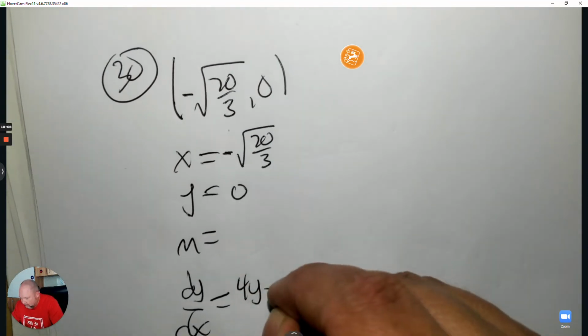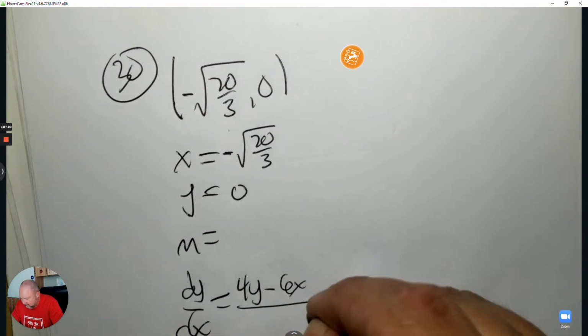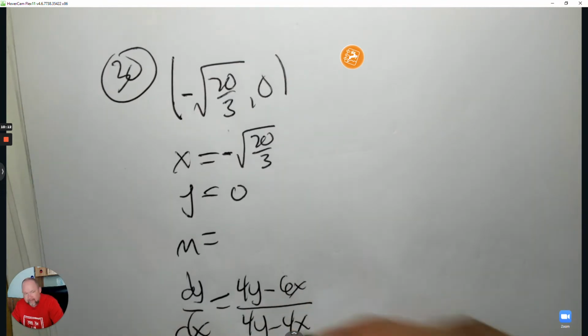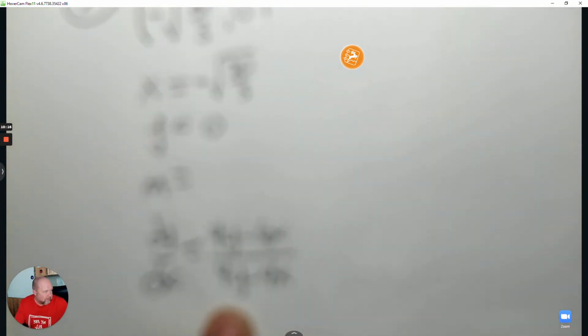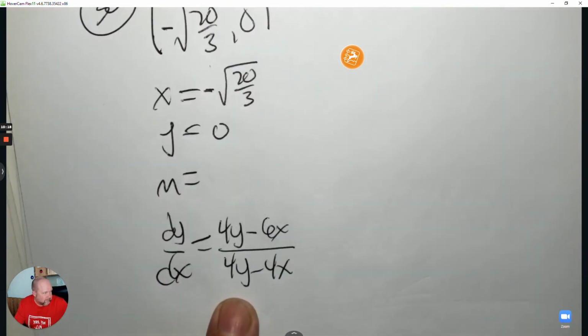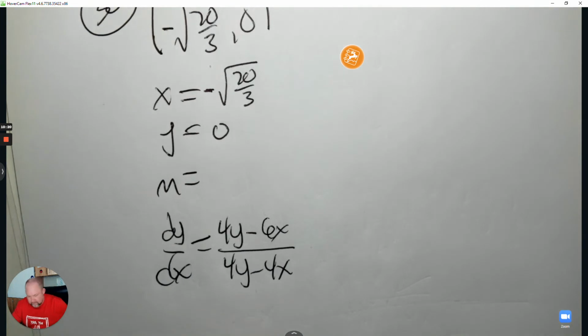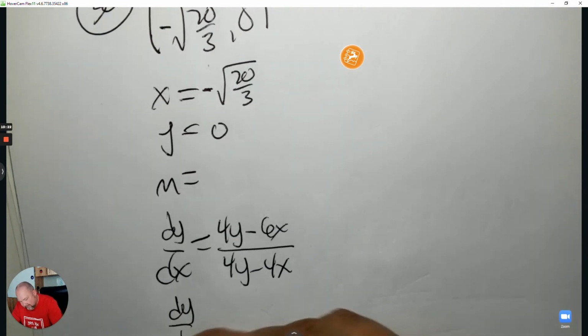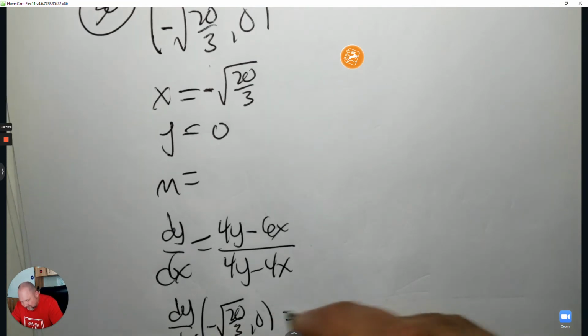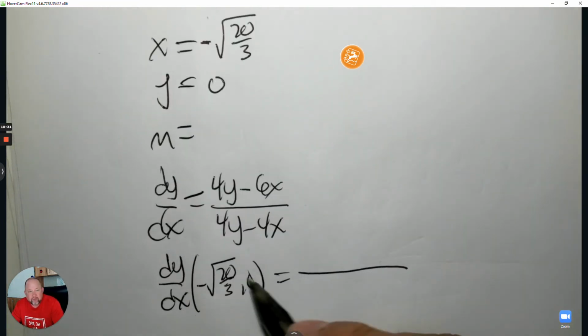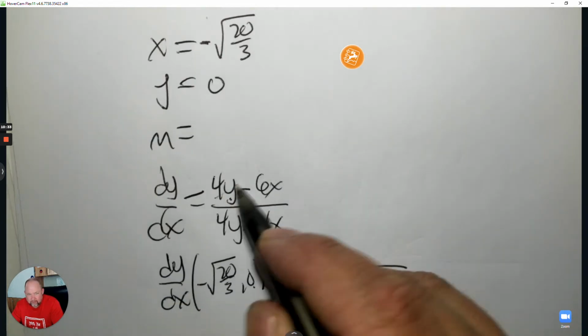So the derivative of 4 minus 6x, 4y minus 4x. And then I'm going to plug that in here to find the slope. We got this. So where there's a y, I plug in 0.